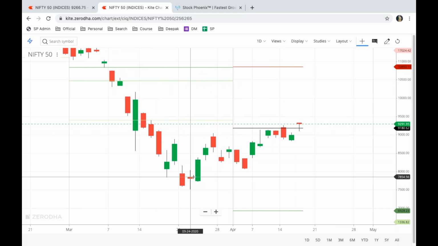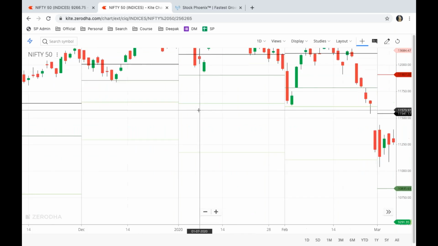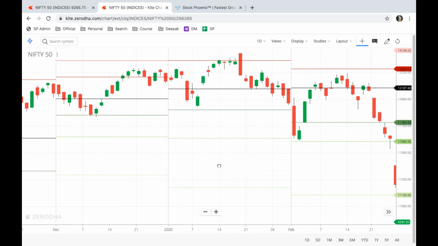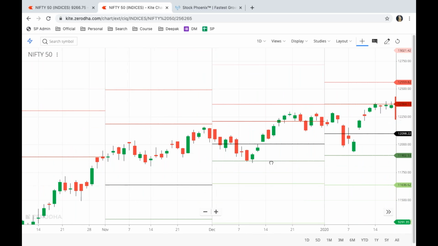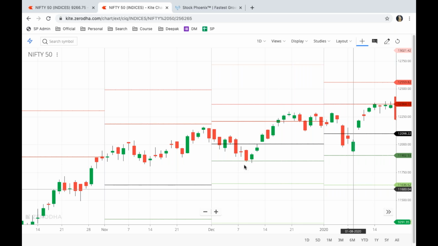Now coming back, the concept is pivot will act as a support, pivot will act as a resistance, and also a stock on pivot. That means when you see a stock taking a support on pivot, like in this place, this is actually not a tweezer bottom, but we can consider one plus point.